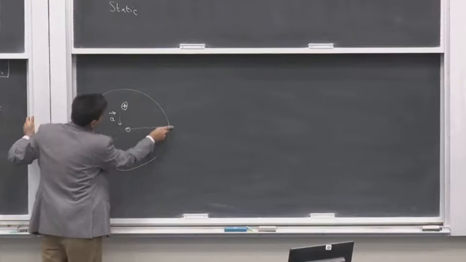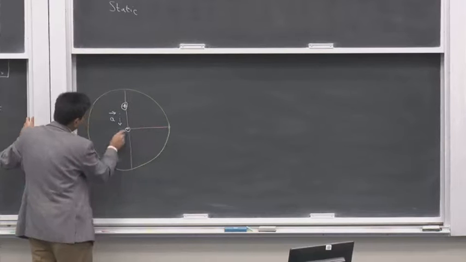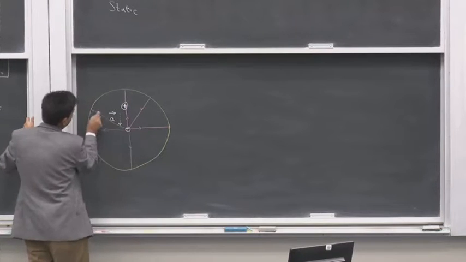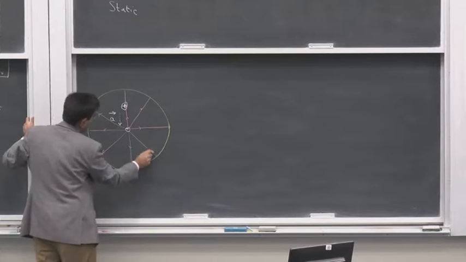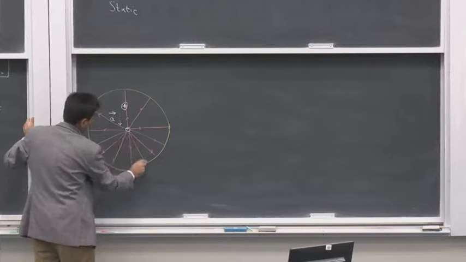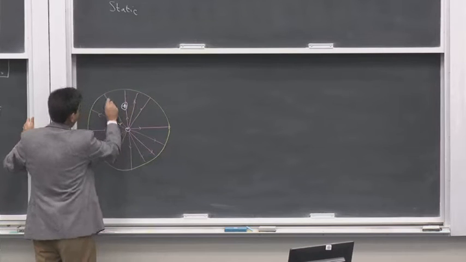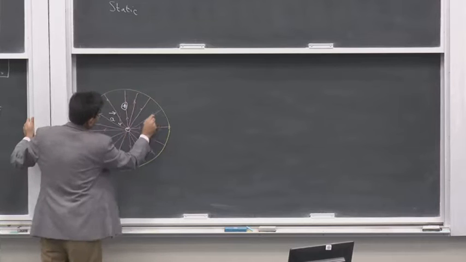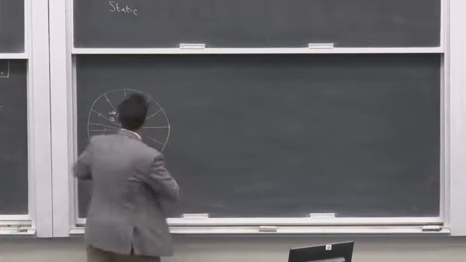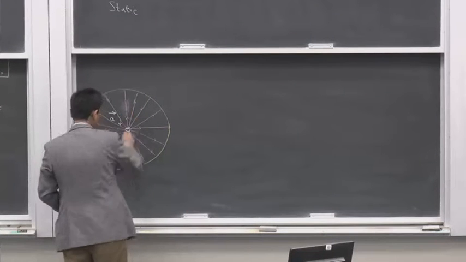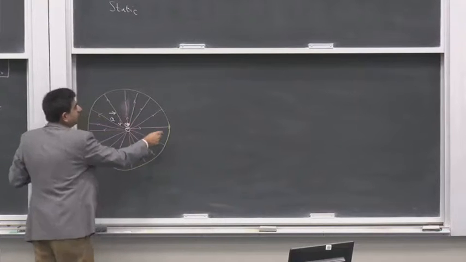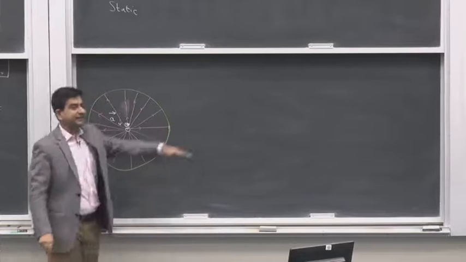Now within a certain volume, the electric field is radially outward.